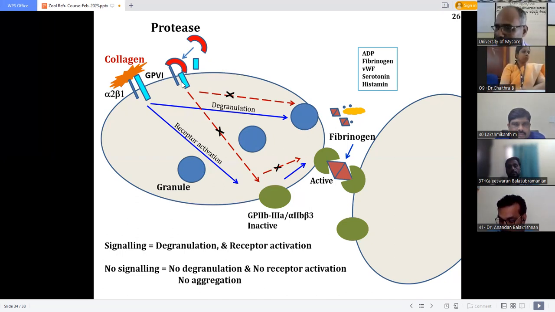This is the mechanism we established finally. As a result, it inhibits signal transduction. The fibrinogen receptor is not activated, and no degranulation. As a result, no platelet aggregation.